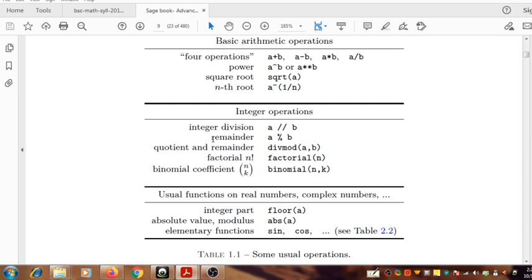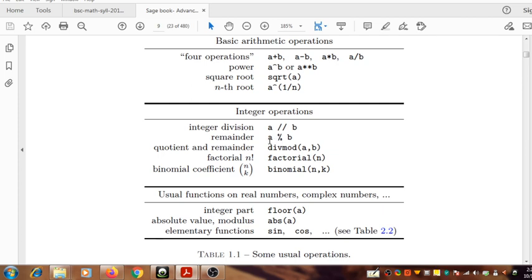The second operator is the remainder operator. How does the remainder operator work? That operator needs two arguments, a and b, and the percentage sign is the symbol used to represent the operator.